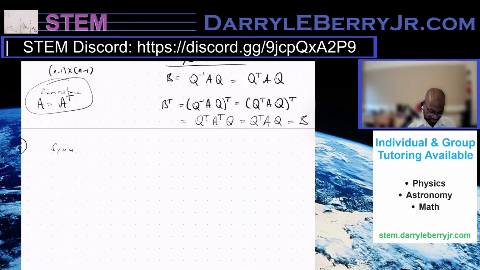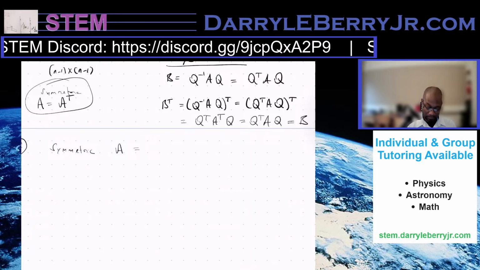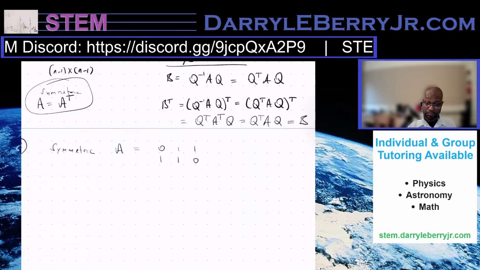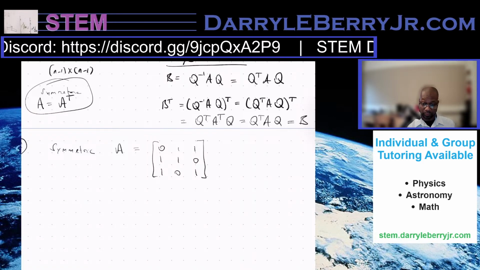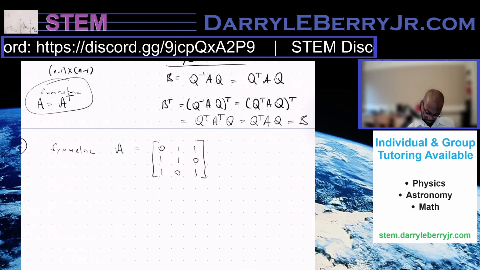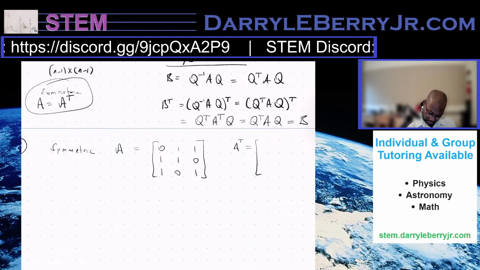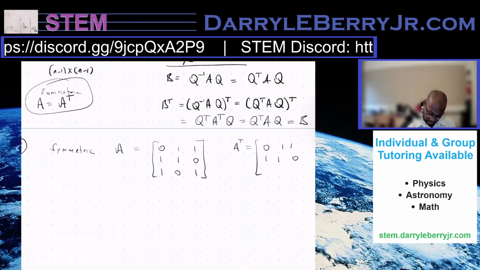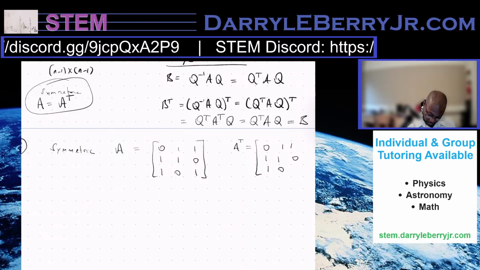So we have a symmetric matrix: 0, 1, 1, 1, 1, 0, 1, 0, 1, and A transpose equals, just to show the process, 0, 1, 1, 1, 1, 0, 1, 0, 1.